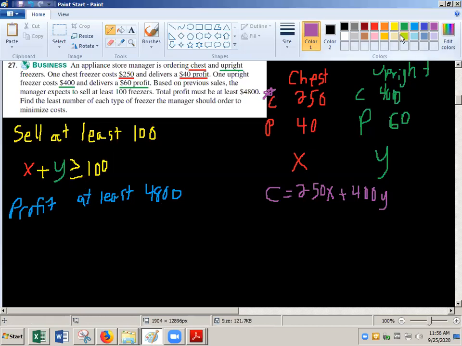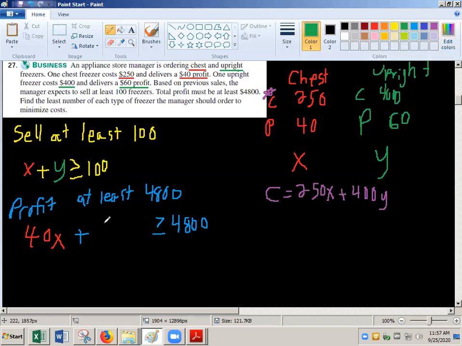Profit needs to be at least 4,800. So what that means is that profit for X was 40, so 40 times the number that I sell, plus this Y thing must be greater than or equal to 4,800.